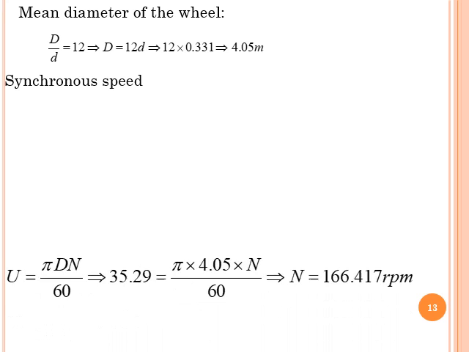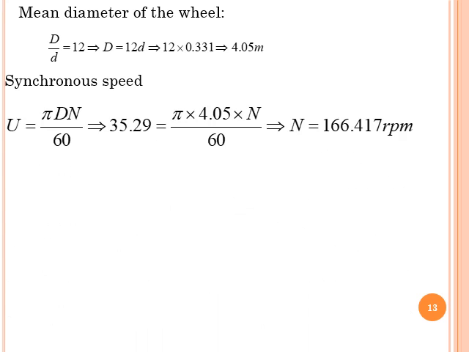Next, the speed of the turbine. The bucket velocity u, or the synchronous speed, is equal to pi D N by 60. We know the value of u, 35.29, and the diameter of the wheel is 4.05, so the synchronous speed is 166.417.